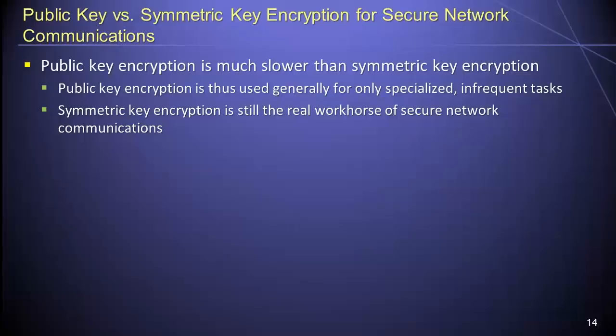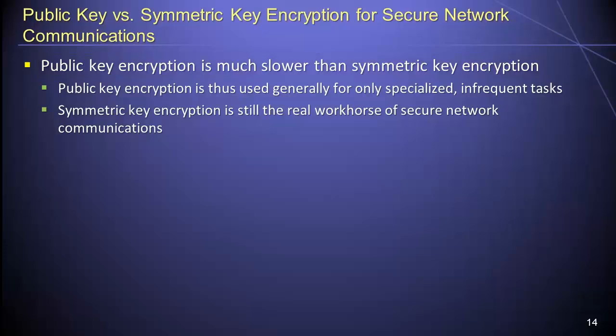When considering the value of public key versus symmetric key encryption, remember that both types of encryption are required in order to establish efficient, secure network communications among unacquainted parties. The primary practical difference between these two types of encryption is that public key encryption is much slower than symmetric key encryption.